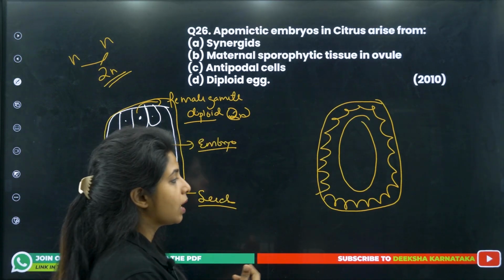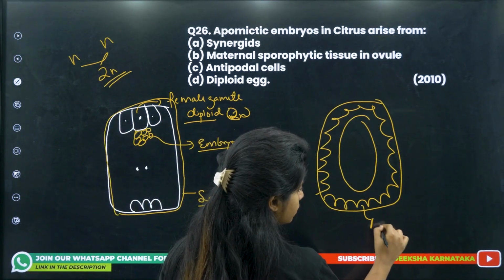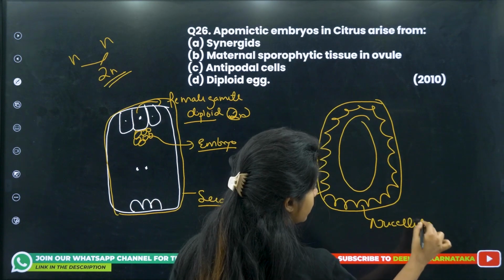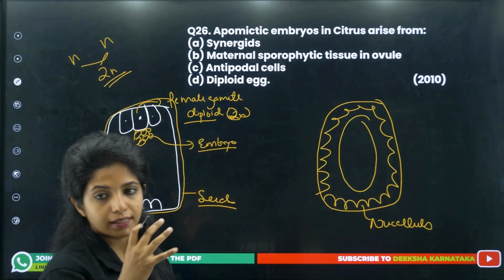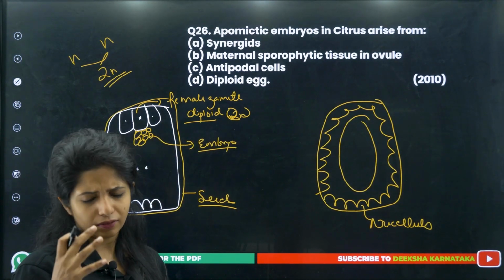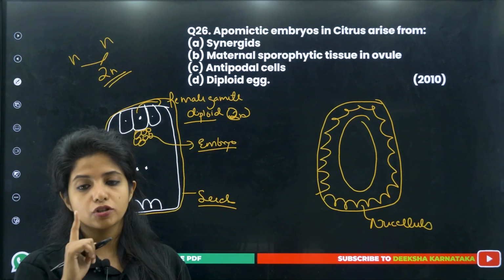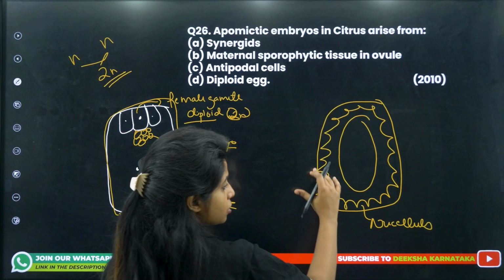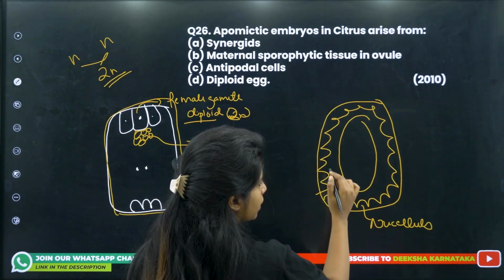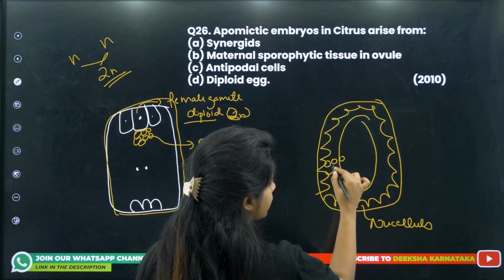But over here what is happening, in the nucellus, only one usually divides and acts as the megaspore mother cell, and that is the one that will form the one functional megaspore. But the cells of the nucellus are still persisting, and the cells slowly try to get inside the embryo sac.